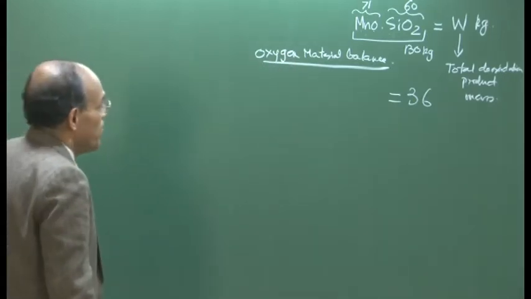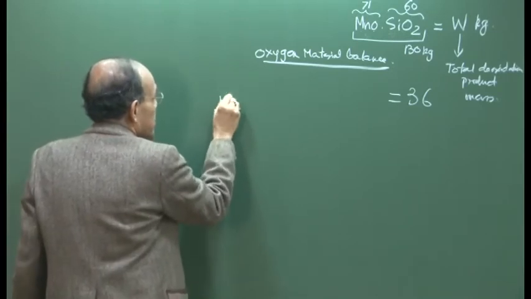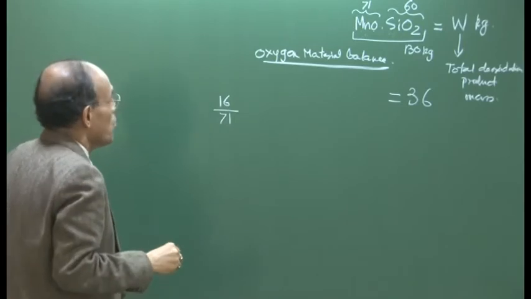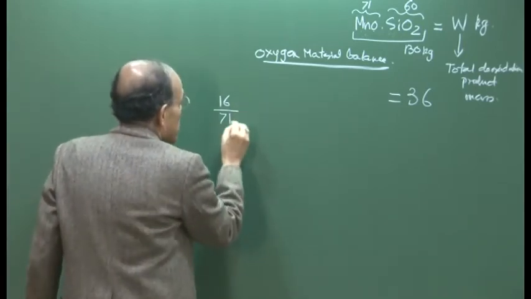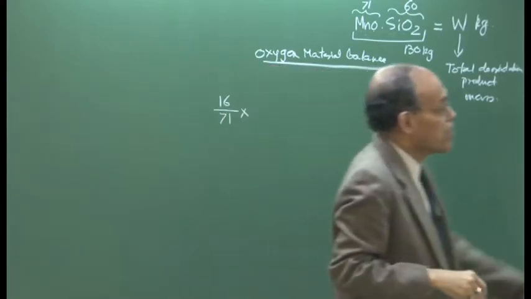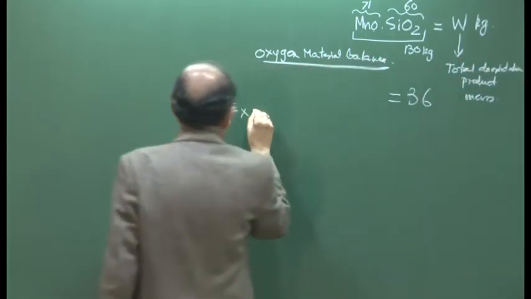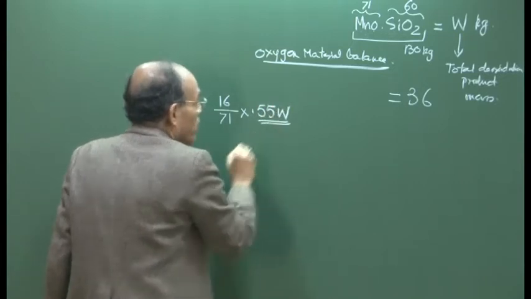So, oxygen with MnO: in 71 kg we have 16 kg, and how much MnO is there? We have the total deoxidation product multiplied by the chemistry given, 55 and 45. So, 0.55 W is the weight of MnO.